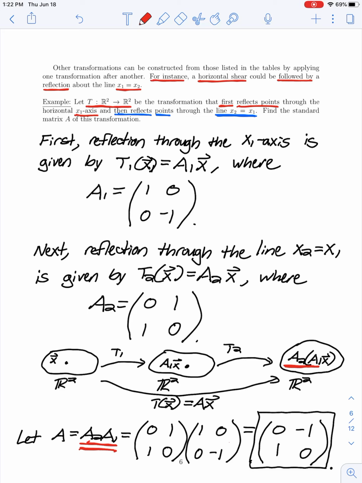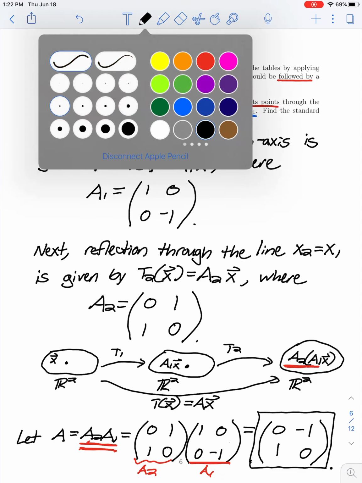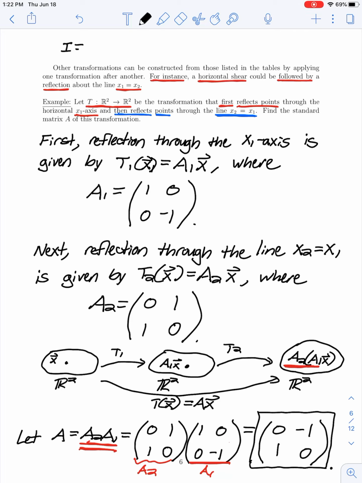So intuitively here, how do we know how to multiply two matrices? Well, we would consider what the matrix A2 is doing to the matrix A1. So we start by looking at the matrix A1 and the matrix A2. Let's think about how the matrix A2 is being applied. If we think about the matrix A2 in relation to the identity matrix, a little scratch work at the top here, recall the identity matrix is 1, 0, 0, 1.